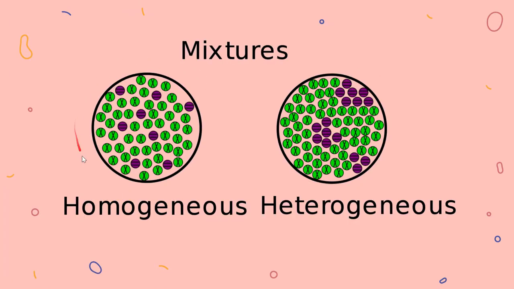If we look at this on an atom scale, if I take piles of atoms and put them together, on the right side, it's pretty easy to see this is a heterogeneous mixture because I can see pockets of this purple atom in the whole big mix of all the greens. On the left, this would be as if we were looking through a microscope.